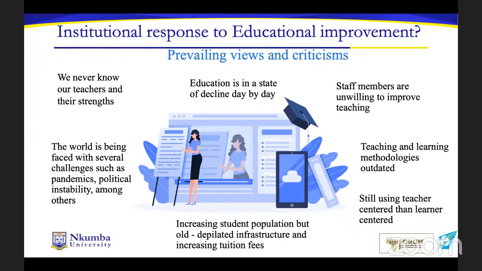If they are going to support teachers to improve their education, they need to know them. Are they competent in ICT skills? Are they competent in e-pedagogy? And so on and so forth. But they do not know. Year by year passes by, and they do not know who is good in what.